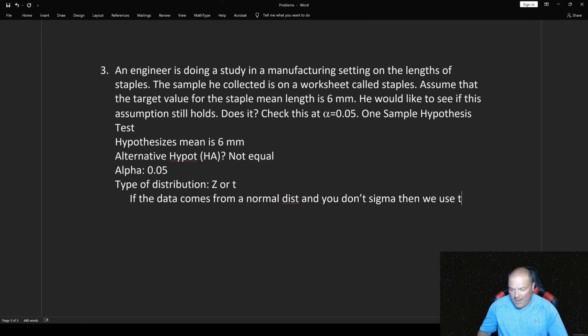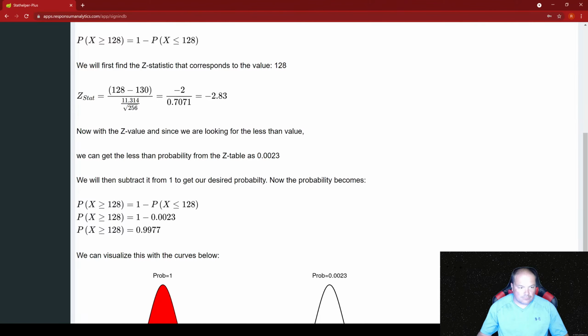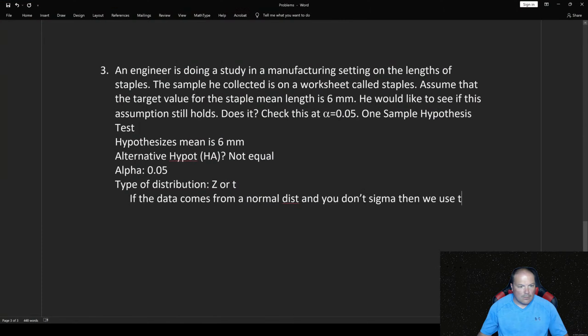Let's go back to our problem. It says here, engineer is doing the study. The sample he collected is in the worksheet called staples. Assume the target value is 6. So, nothing in here has said anything about the true variance, the historical variance, any of that. It just said, here's some data. Here's some data means you're going to calculate the sample mean, N, and the sample variance or sample standard deviation from it.